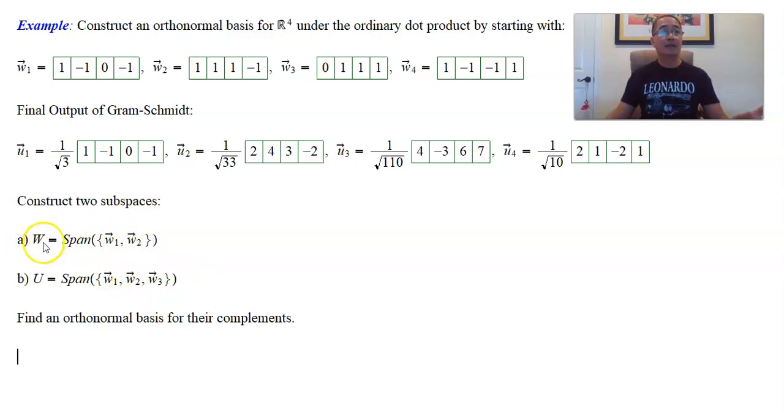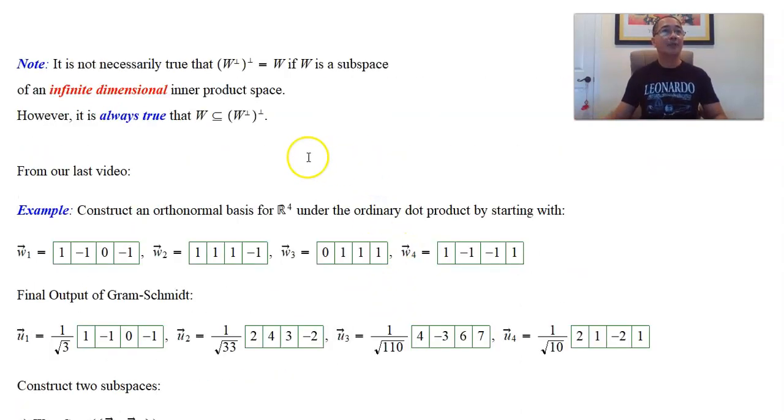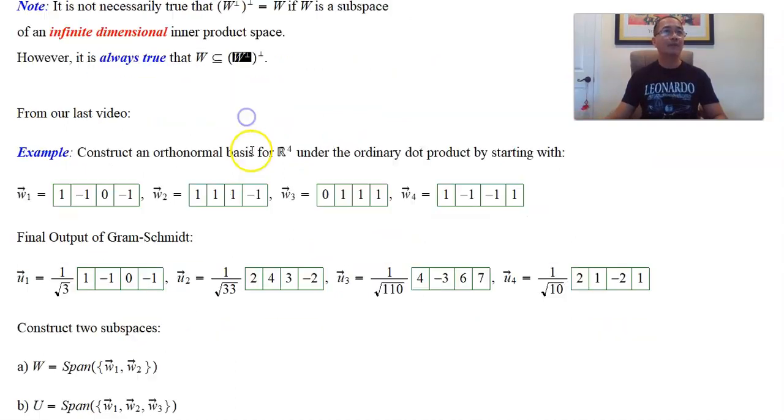So in W, we have W1 and W2. So U1 and U2 will be in our S1. U3 and U4 will be in our S2. Therefore, I need the perp symbol. Here we go. I'll borrow it here.